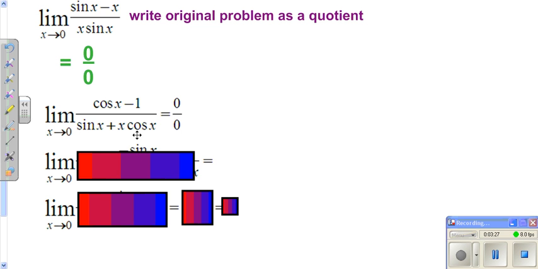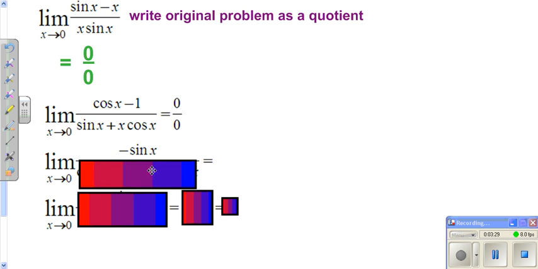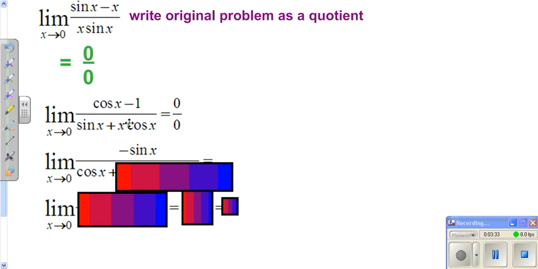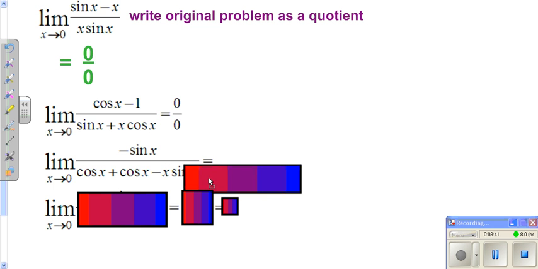Again, derivative of the top, negative sine. Derivative of this, cosine. Then you have to use product rule here. Derivative of the first is 1 times your cosine, plus the first times the derivative of the second, and derivative of cosine is negative sine, so that's why there's a negative sign here.